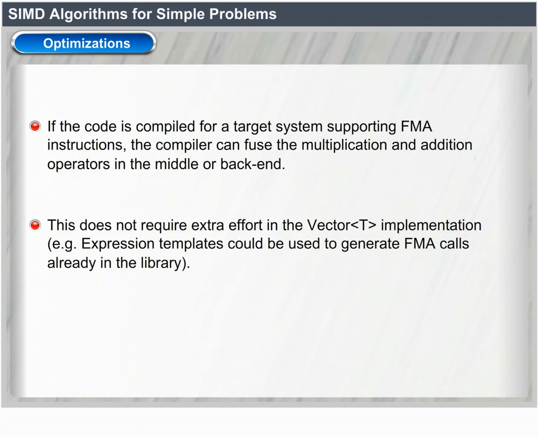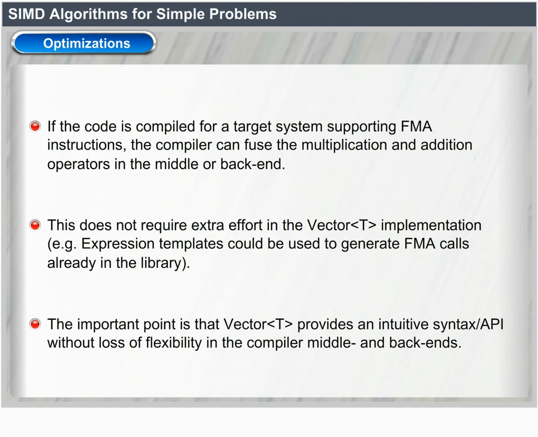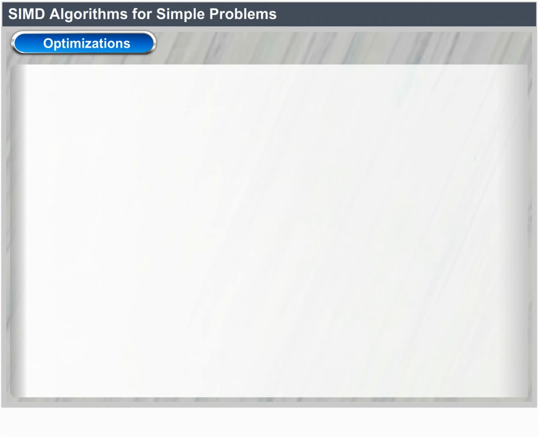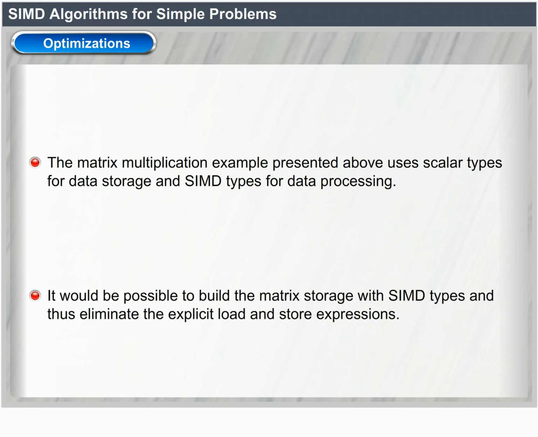The important point is that Vector<T> provides an intuitive syntax API without loss of flexibility in the compiler, middle and back ends. The matrix multiplication example presented above uses scalar types for data storage and SIMD types for data processing. It would be possible to build the matrix storage with SIMD types and thus eliminate the explicit load and store expressions.